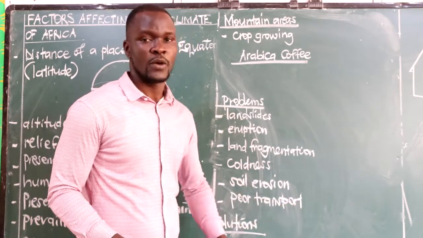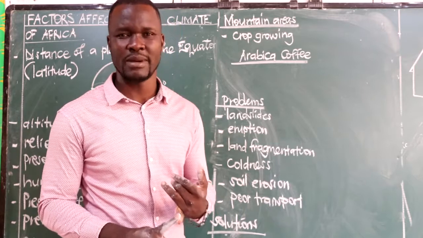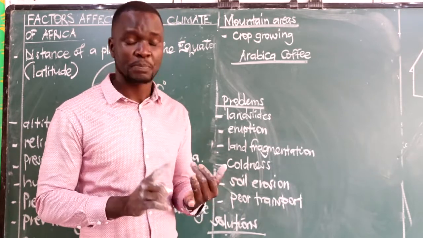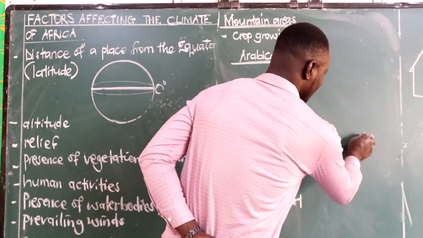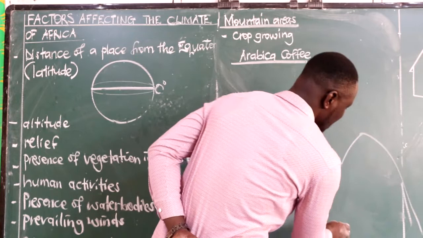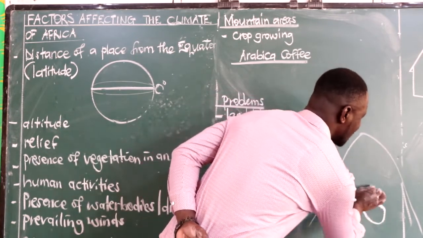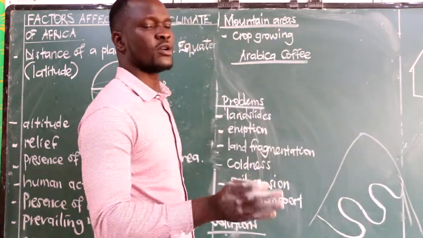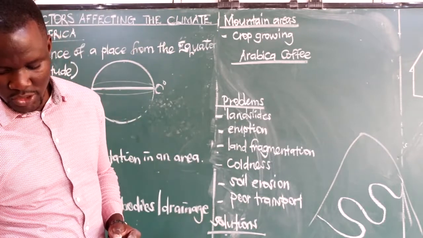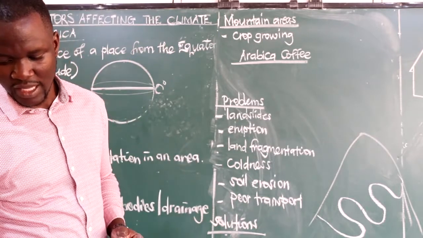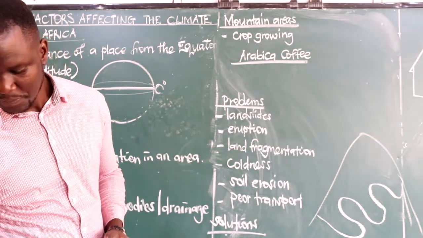Poor transport, we have said people in those areas overcome that problem by using donkeys, and they can also construct what we call winding roads. So you find if a mountain is here, people construct a road which goes winding. A road which is like this, so those are what we call winding roads. They can also be constructed on those areas to help those people overcome that kind of challenge.